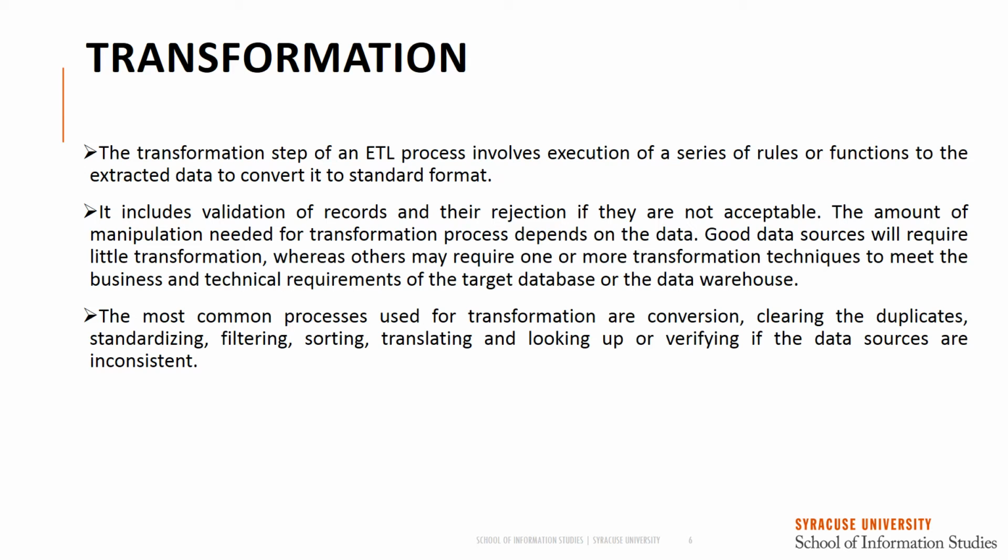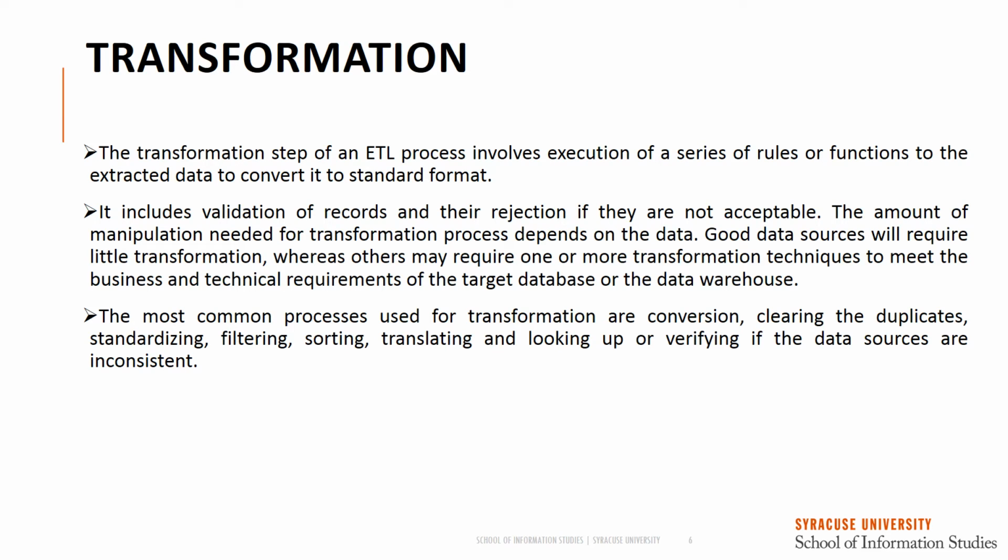The transformation step of an ETL process involves execution of a series of rules or functions on the extracted data to convert it into a standard format. It includes validation of records and their rejection if they are not acceptable. The amount of manipulation needed depends on the data.